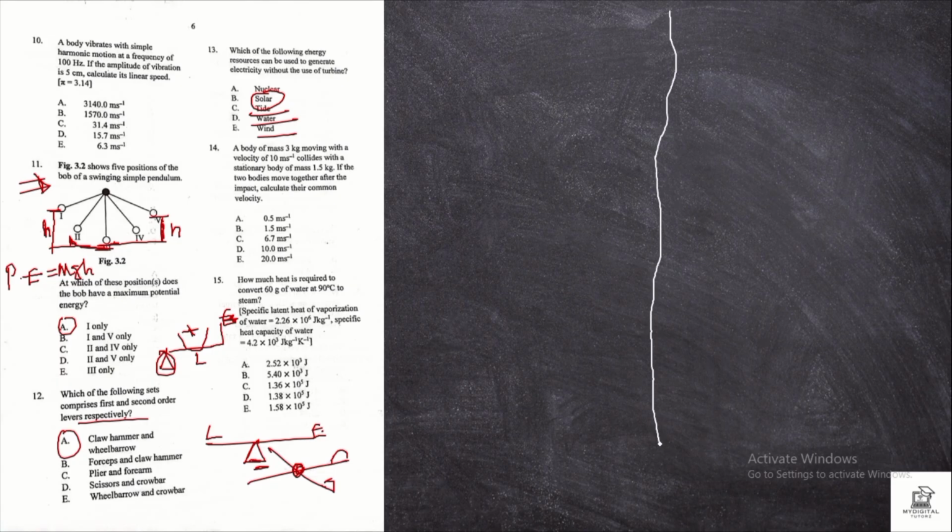So here the first body, we call it M1, which is equal to 3 kg, and it is moving with a velocity of 10 meters per second. That is the initial velocity of the first body, u1 equals 10 meters per second, and it collides with a stationary body.